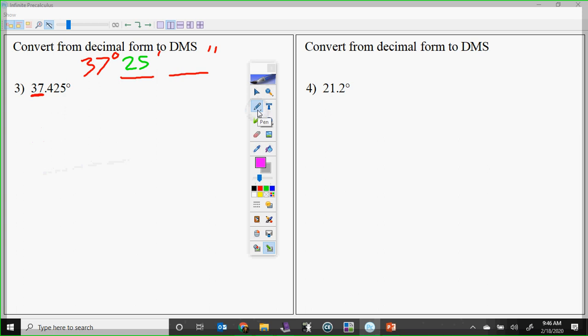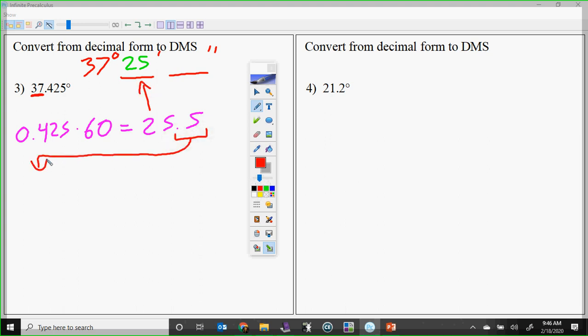Alright, so we had 0.425 times 60, and that should have given me 25.5, not 0.4. Okay, so the 25 went there. That 0.5 right there comes down here. So I have 0.5, not 0.4. 0.5 times 60.